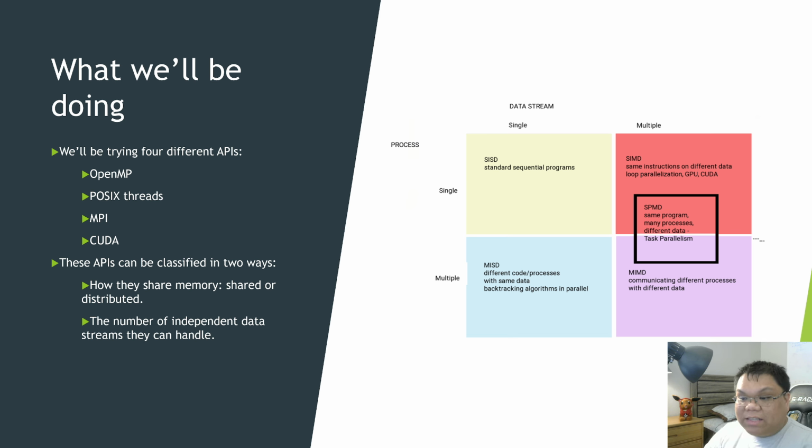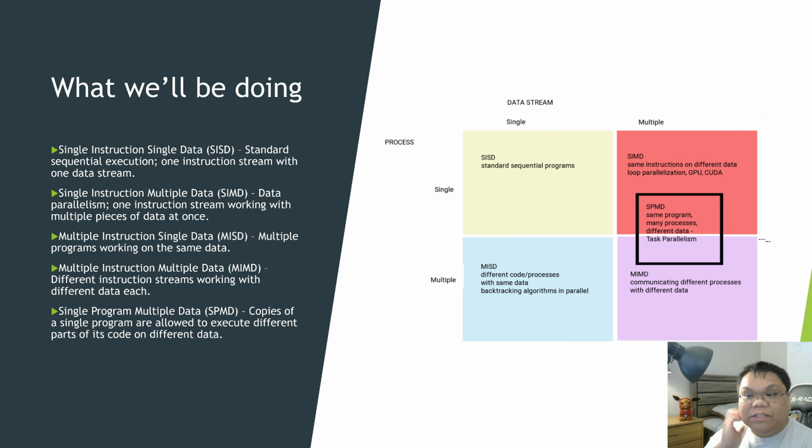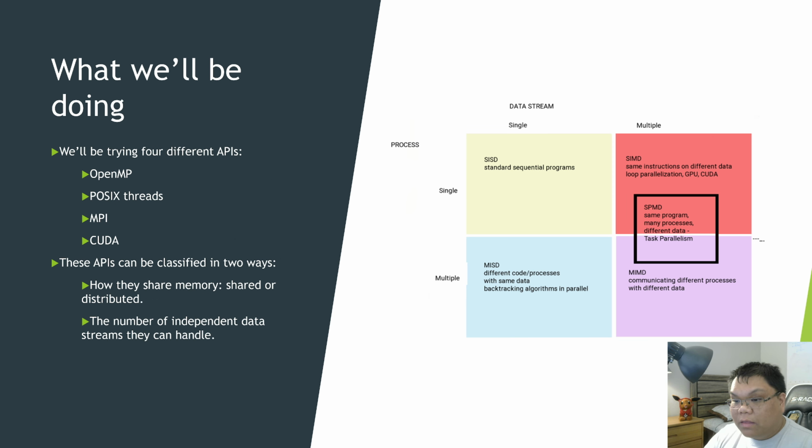And these APIs can be classified in 2 ways: how they share memory, that be shared or distributed, and the number of independent data streams that they can handle. So in this classification, we can classify programs by whether they have shared or distributed memory, or whether they are handling one data stream or multiple data streams.